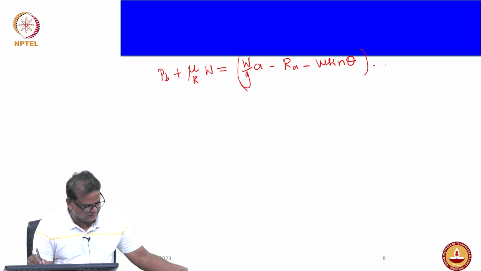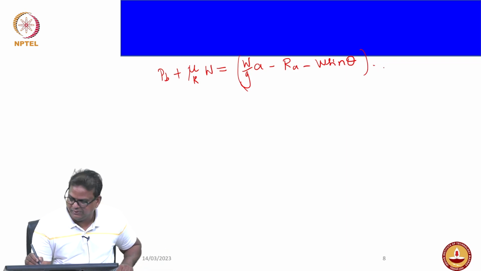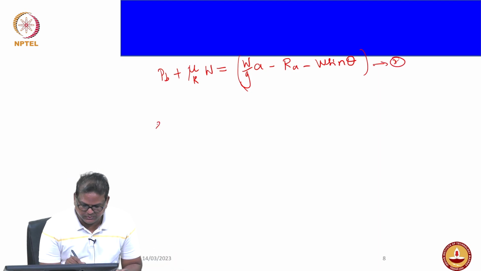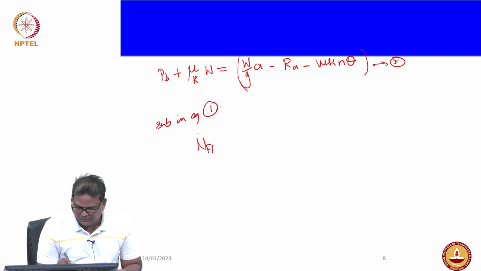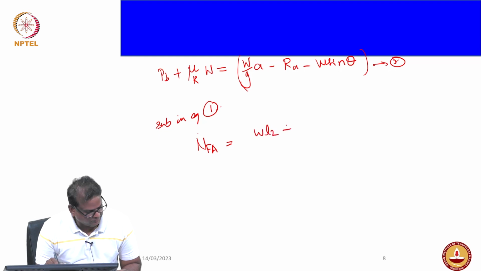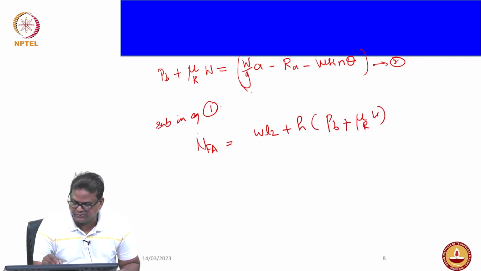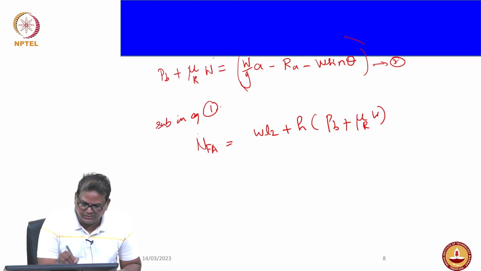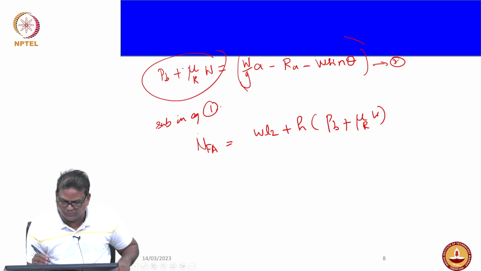we take it as equation number 3. Substituting equation 3 in equation number 1, what do you expect for NFA? NFA equals W L2 plus H PB, mu R W, by L. I am just replacing the entire term and substituting in equation number 1.